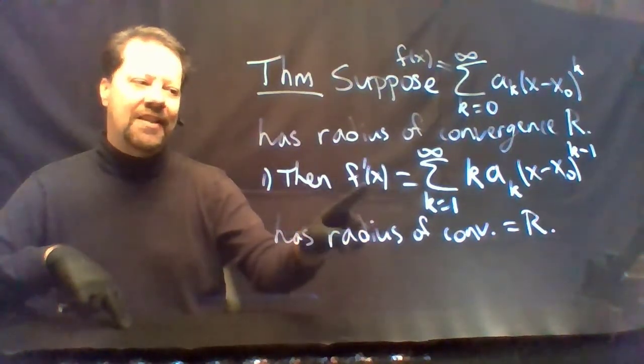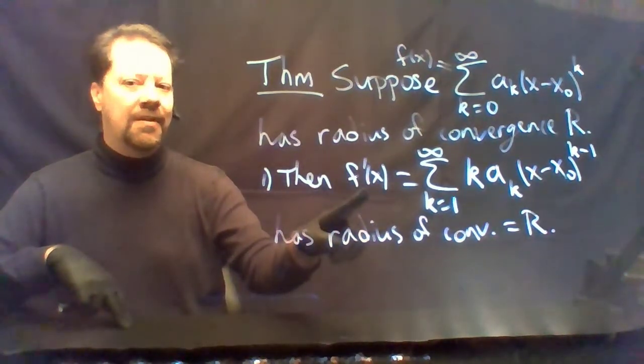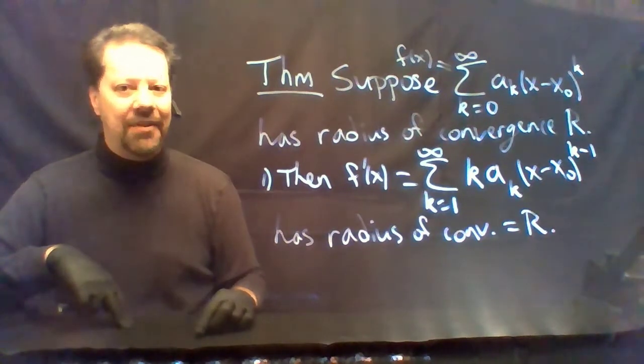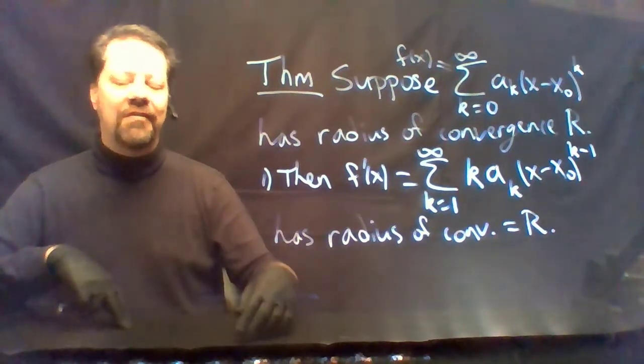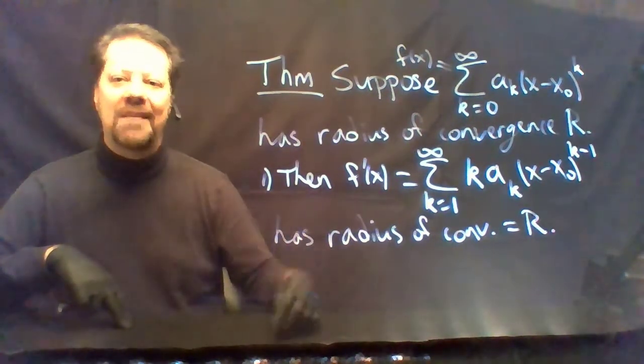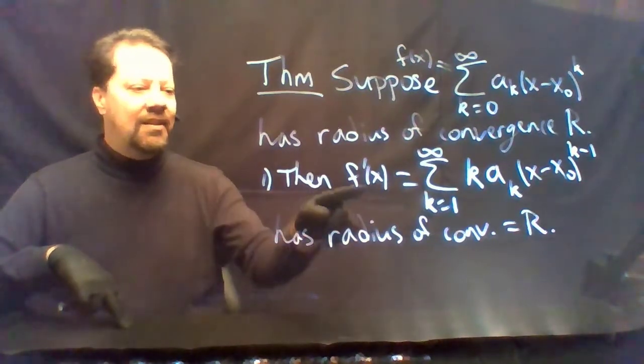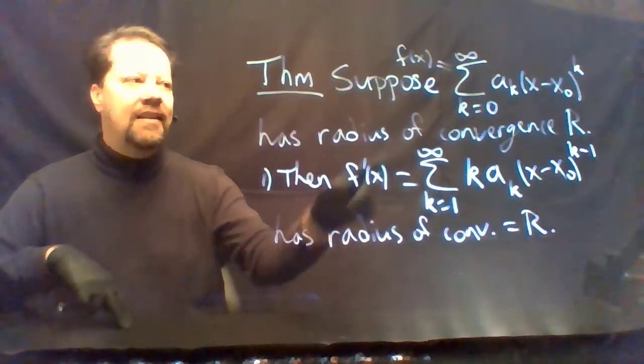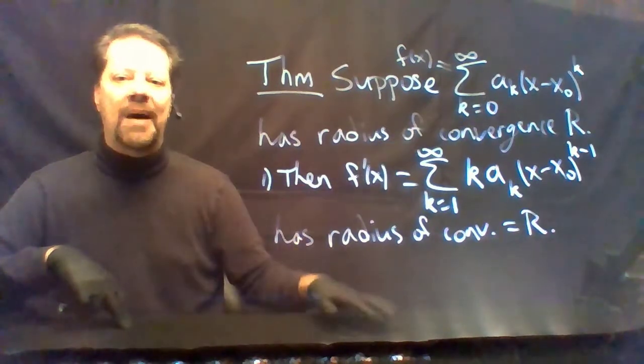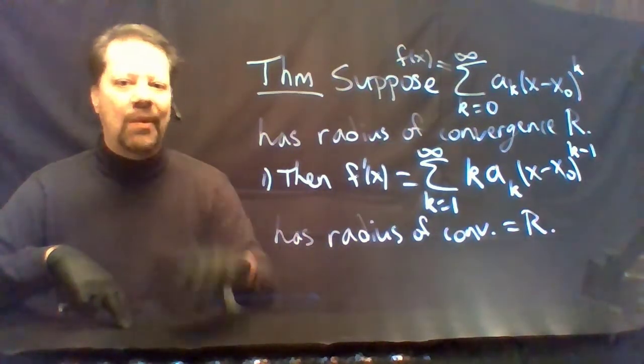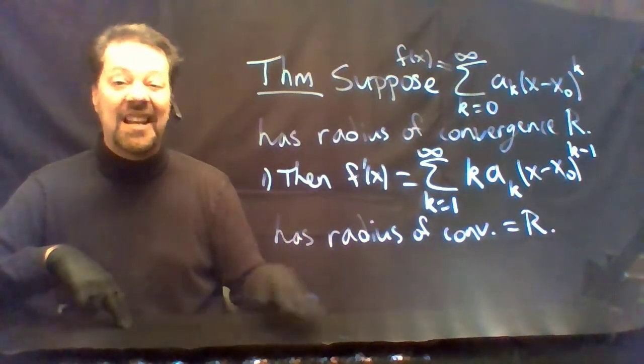So not only is it 1 time differentiable for sure, you get 2 times differentiable with the same radius of convergence, and hence 3 times differentiable. This theorem will imply that every function that can be represented by a power series is not only 1 time differentiable, it's infinitely differentiable.